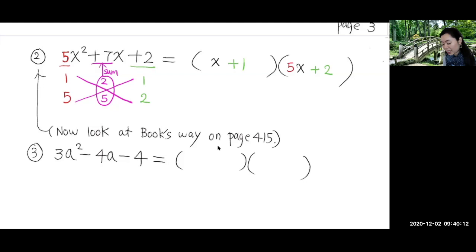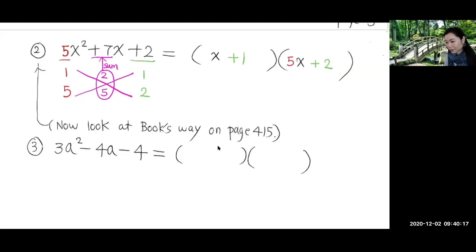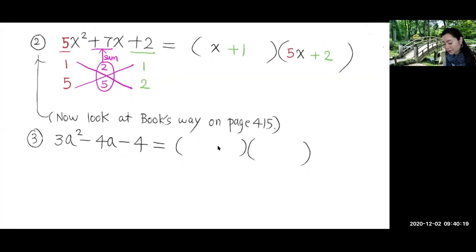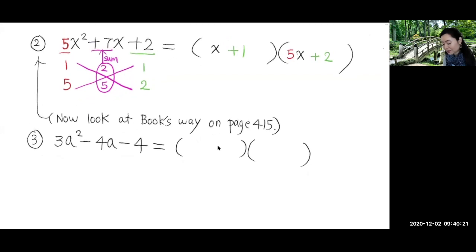You can try -1 times -2. The book leaves this out; you can look at the book's way on page 415. I find that it's really long, and I kind of like this one better.